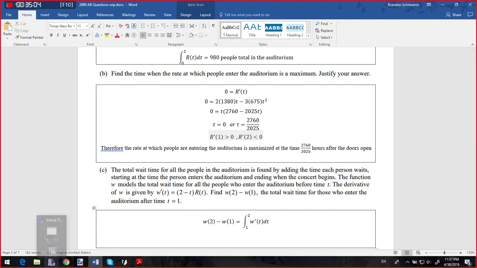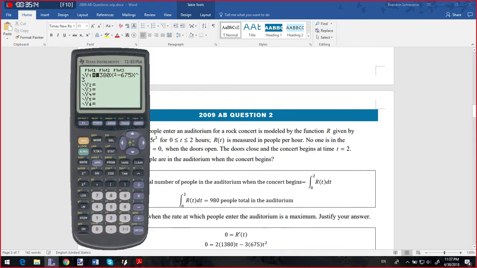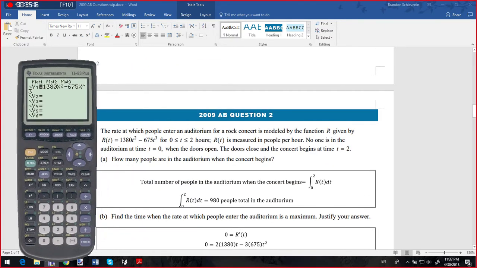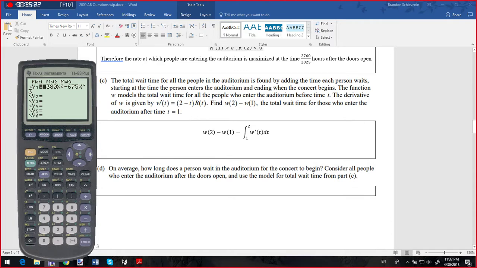Okay, so then I just need to plug that into the calculator. We should be alright. I've got r of t still saved in my calculator here. If I scroll back up, r of t was 1380 t squared minus 765 t cubed. So to get W prime of t, I'm just going to multiply this r of t times 2 minus t inside my integral. Okay, so I'm going to break out of this, and we'll integrate.